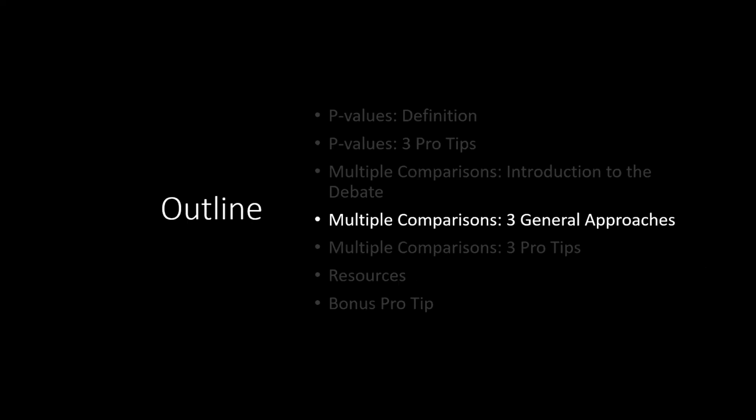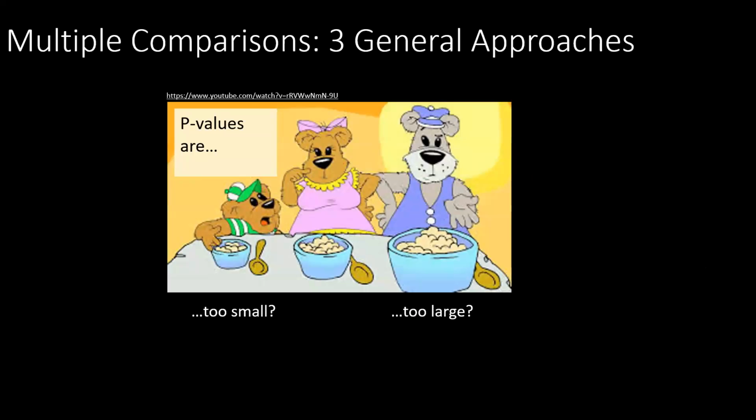So before we get to the pro tips, I'm just going to review briefly some general approaches that you're likely to find in the literature. These general approaches have been developed because there's concern about whether p-values are maybe too small or too large. Is there any way that we can get them just right?